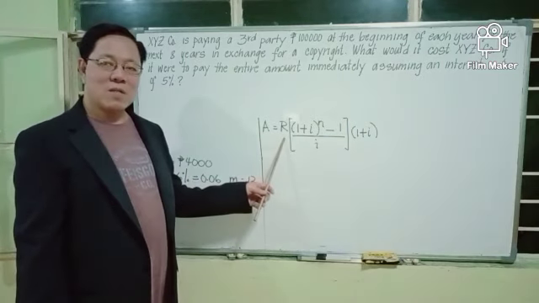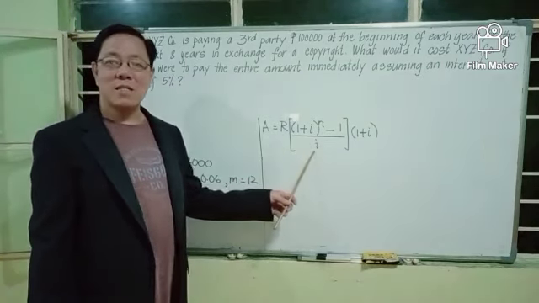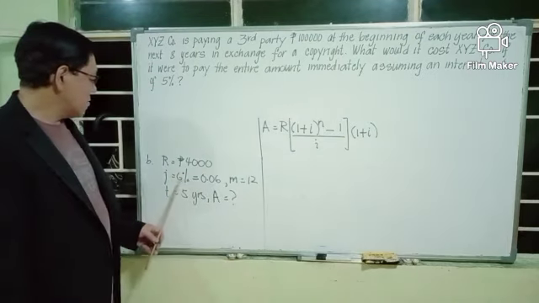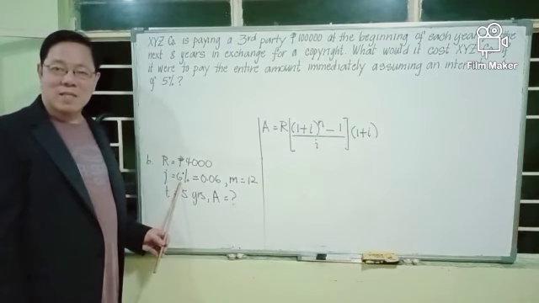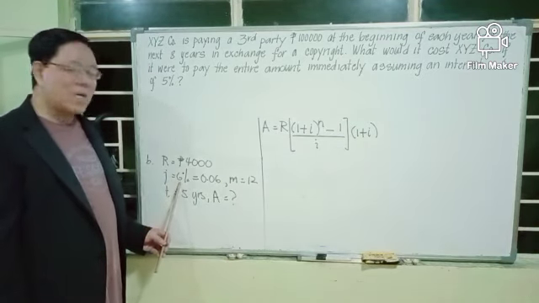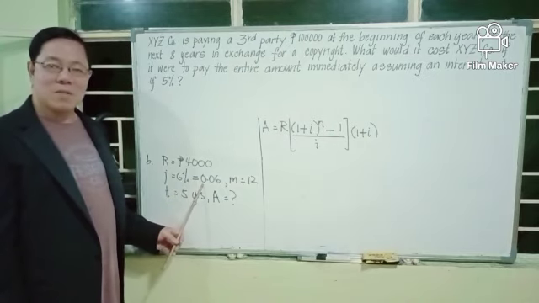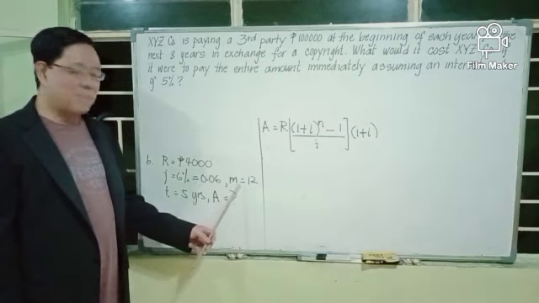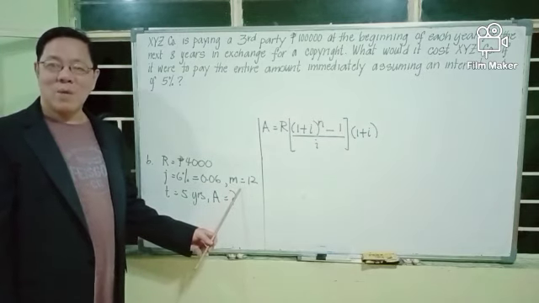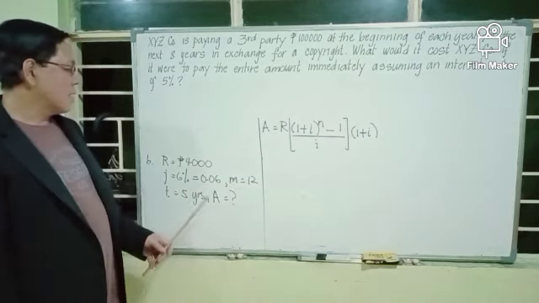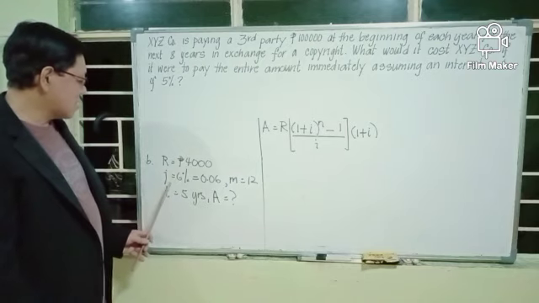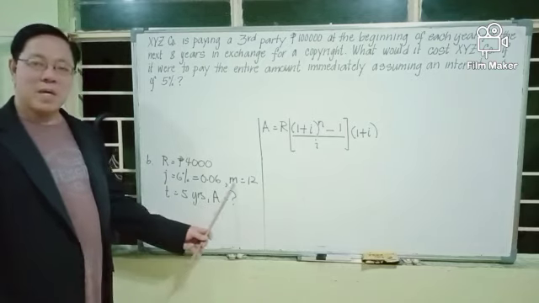So R is 4,000 pesos and I is the interest rate per month. We have the same annual interest rate of 6%, but now we calculate the interest rate per month. So we divide 0.06 or 6% by 12 because we have 12 months in 1 year. Therefore, I is J divided by M.